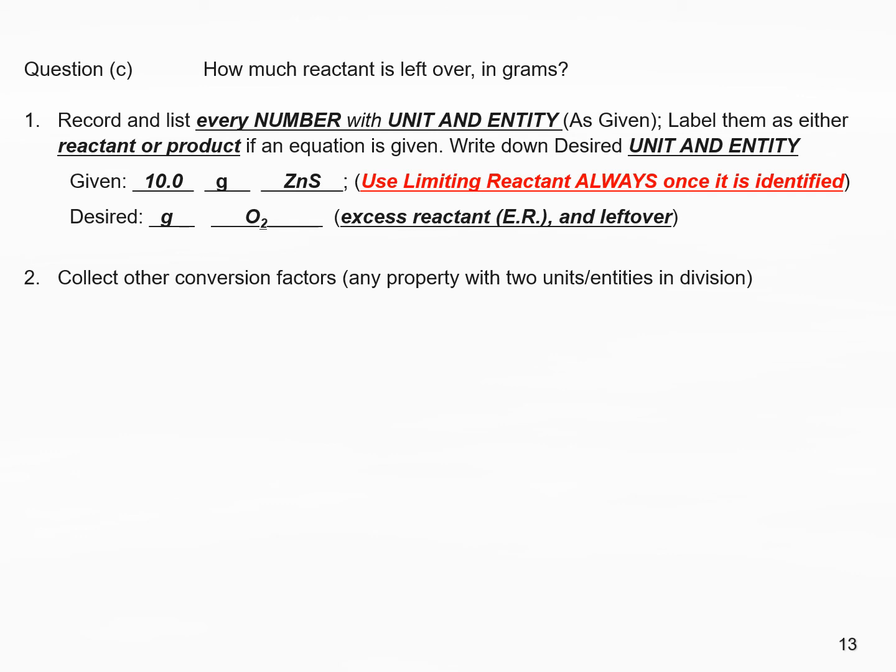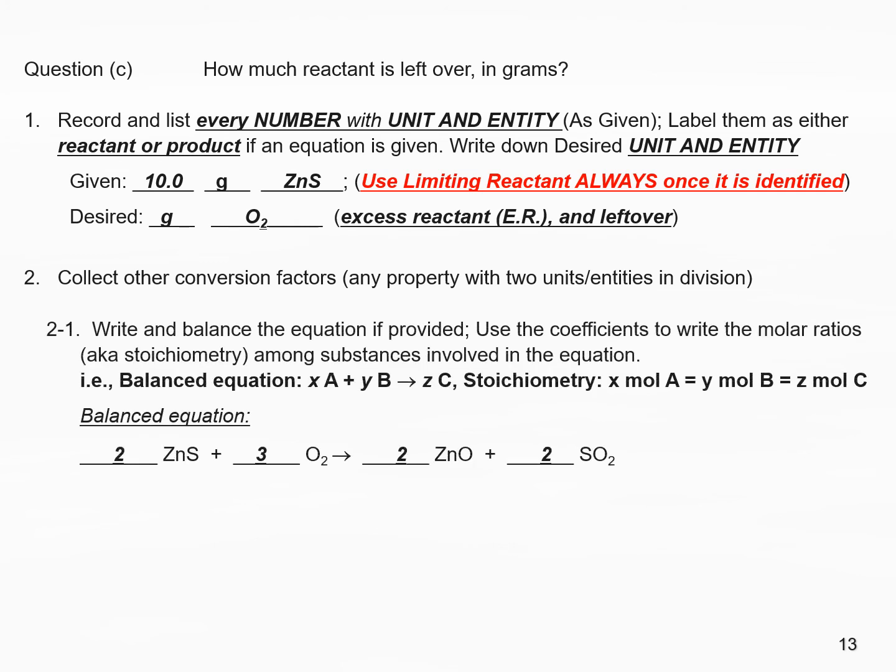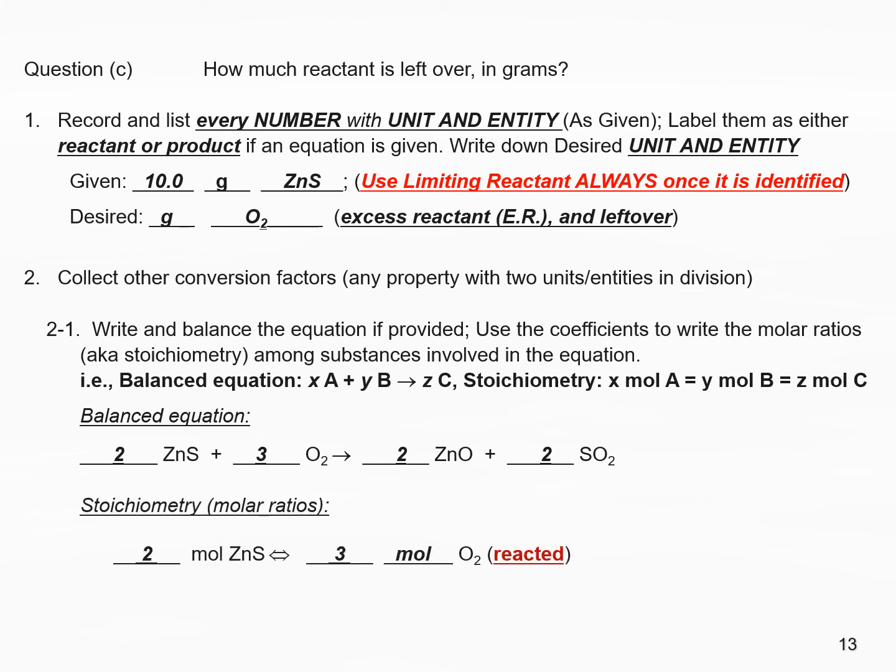All right, how are we going to get the amount of oxygen that's left over? Before we get that, let's go through the second step, collect the rest of the conversion factors. First, remember we have a balanced chemical equation. So we can pick the stoichiometry that's particularly for this question, because the question wants the relationship between zinc sulfide and oxygen. So we just simply write up 2 moles of zinc sulfide with 3 moles of oxygen here.